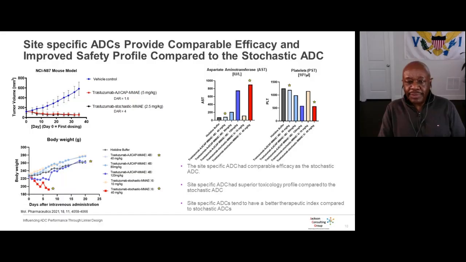The same trend is also seen for platelets: the site-specific does not result in a significant decrease in platelets, while the stochastic conjugation methodology does. So these data tell you that you can probably get a better therapeutic index, at least preclinically and hopefully clinically, from using not only this type of technology, but perhaps site-specific technologies in general.